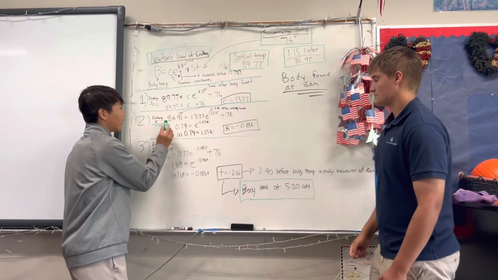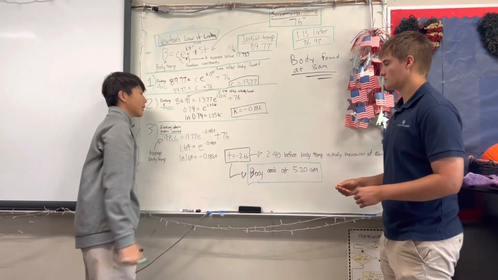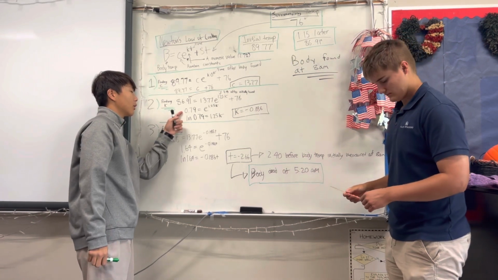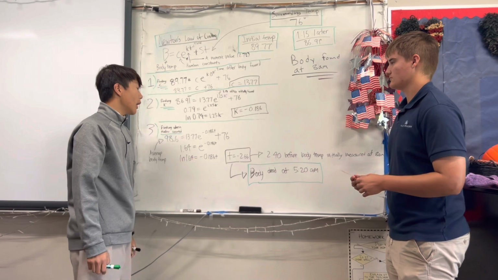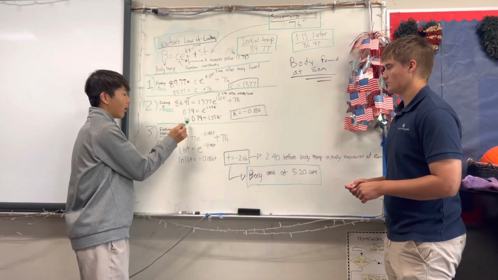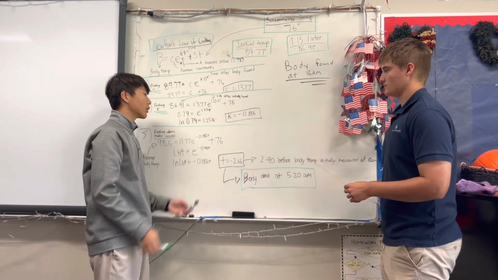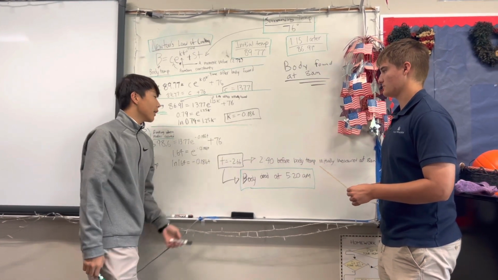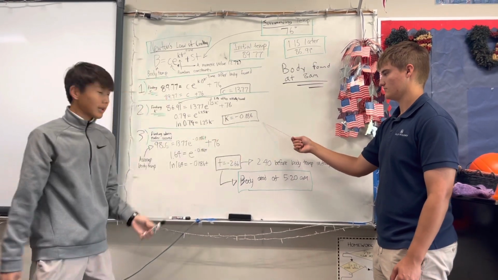And then if we minus 76 on this side and divide by 13.77, we figure out that 0.79 equals e to the power of 1.25k. And using natural logarithms, we can find out ln 0.79 equals 1.25k. And if we math that, k equals negative 0.186.